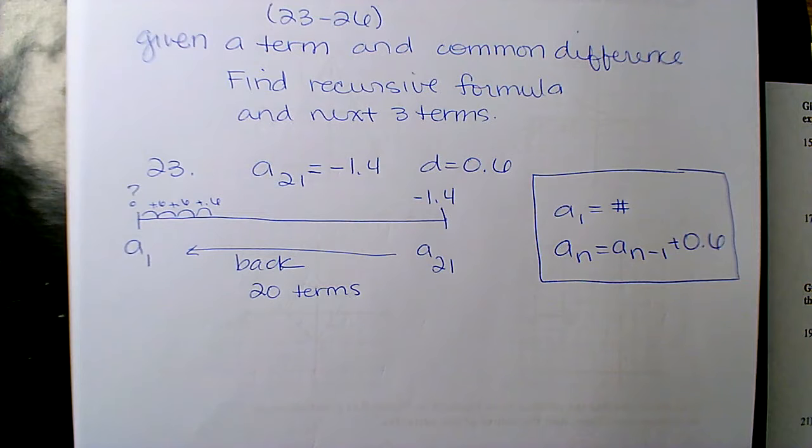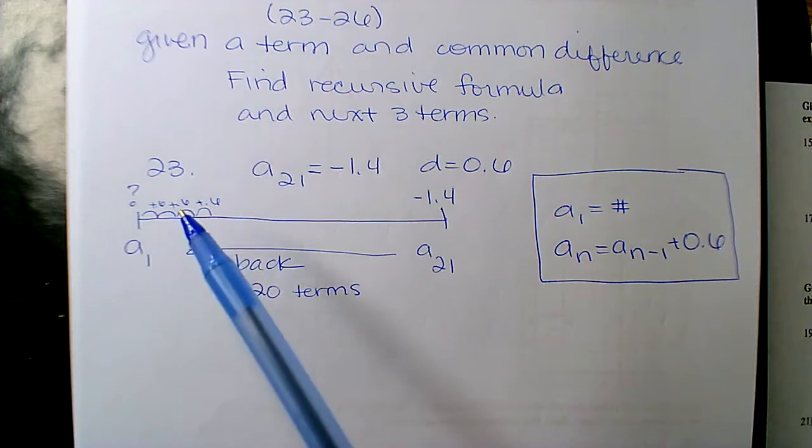So, what should I do to the 20 and the 0.6? What math operations? Multiply.